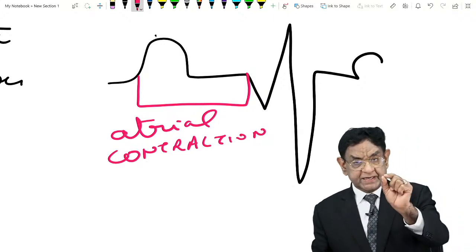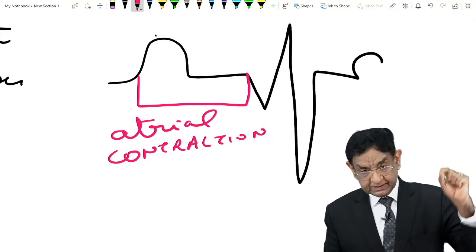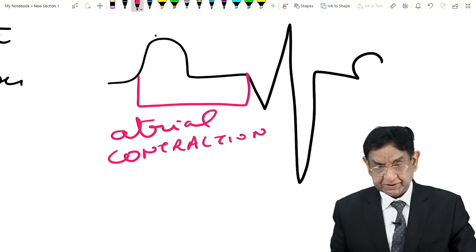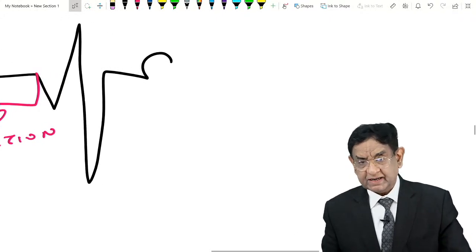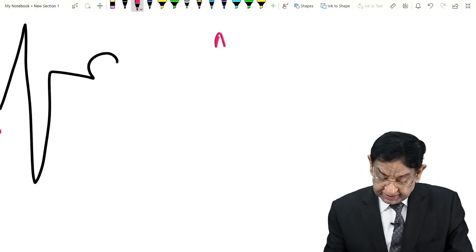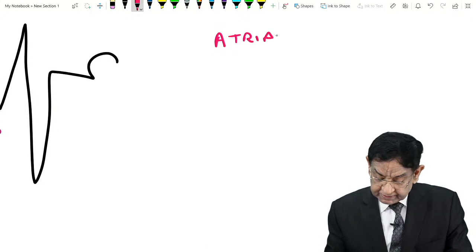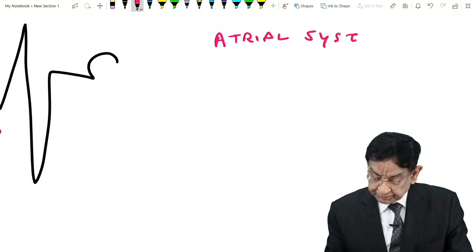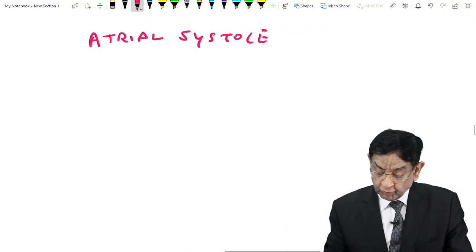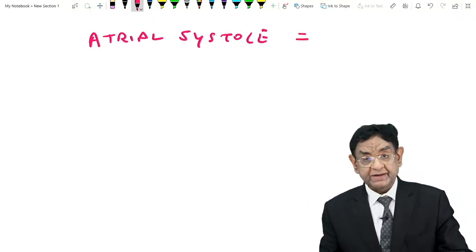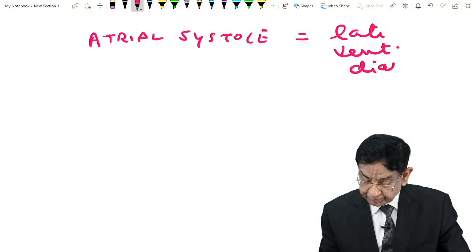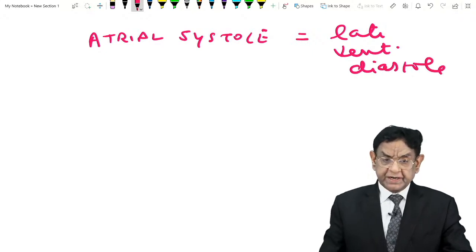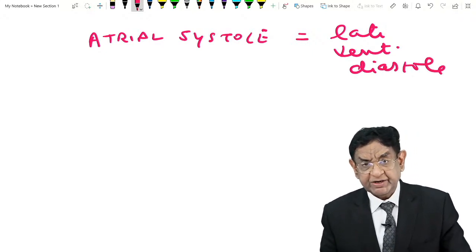This is the same as atrial systole, and also the same as depolarization. Now let's go back to the cardiac cycle. In the cardiac cycle, atrial systole occurs when there is late ventricular diastole.